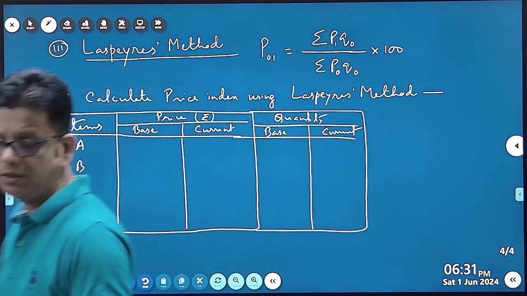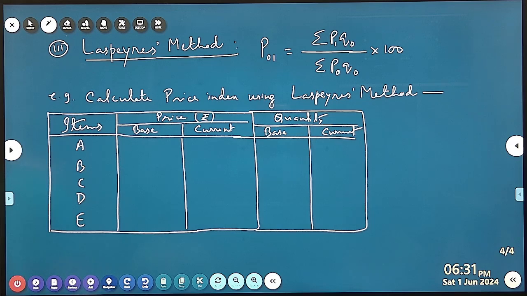So the base and current, I just write base and current, but in the exam it can be directly in some years.